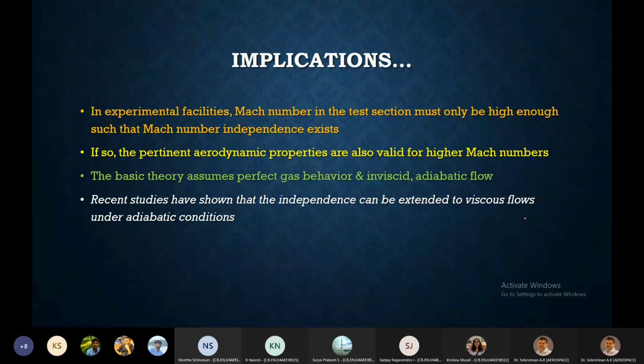Because when the flow velocity is being brought down to near zero values near the surface, the dissipation of kinetic energy to thermal energy is very significant. So you have high temperatures, and because of high temperature gradient, you will have heat transfer. So those will have additional issues.